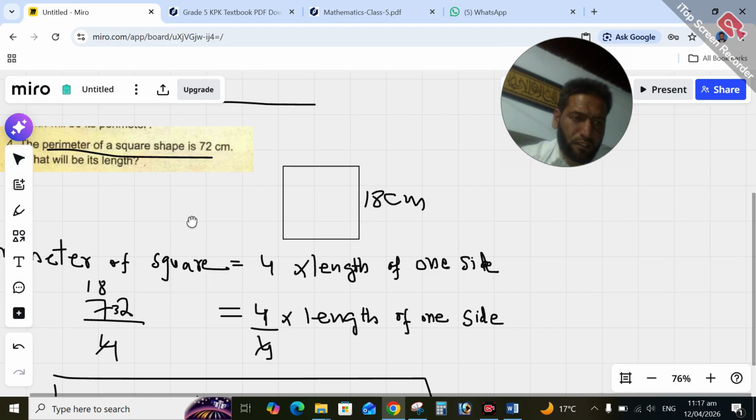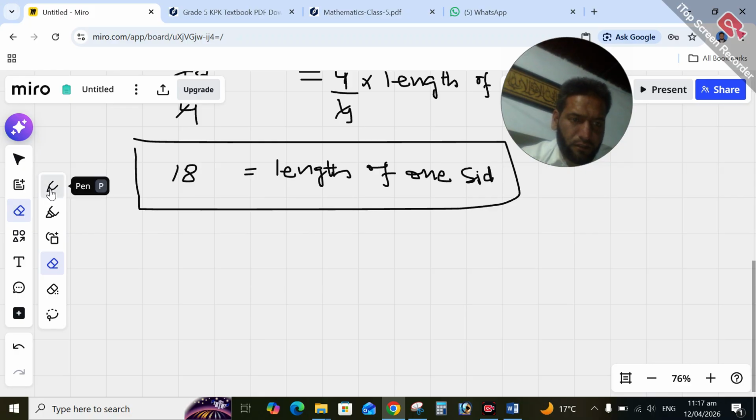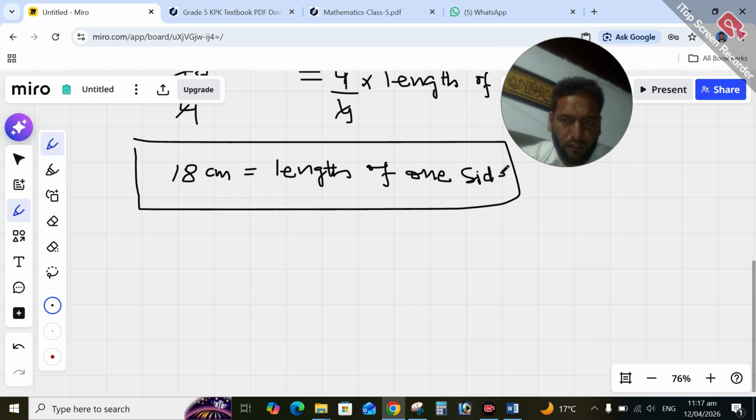So here also let me write down the centimeter unit. This is the required answer.